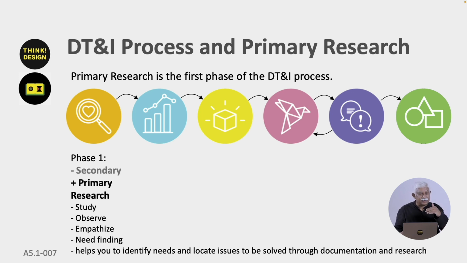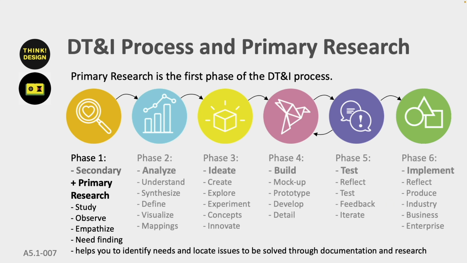In primary research, you'll go and collect original information. It means that you'll talk to the users, you'll go to the location. So that's primary research, which is followed by analysis, ideation, build, test, and implement. So we are really at the first phase of the design process.